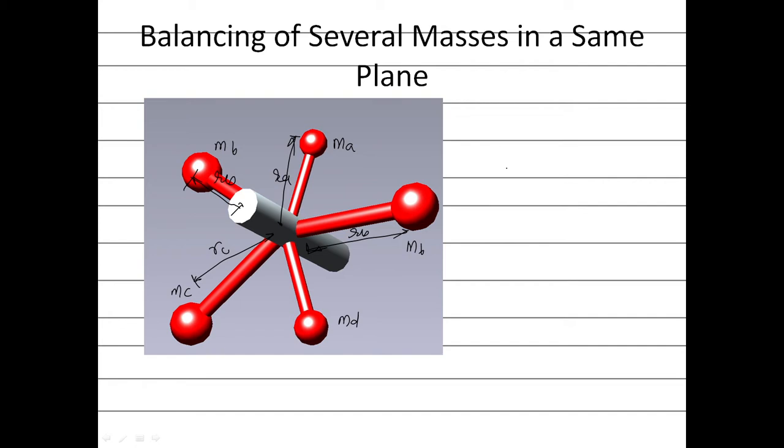Okay. Now, as you see, every mass is going to produce a centrifugal force acting radially outwards from the axis of rotation. So now let us consider F to be the vector sum of these forces.